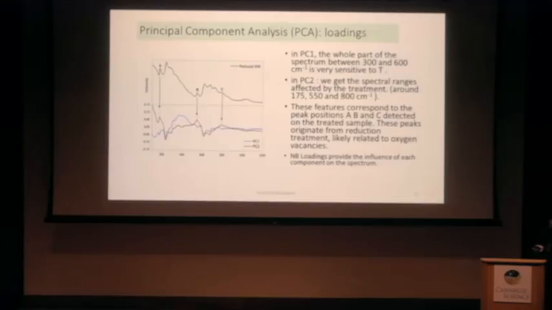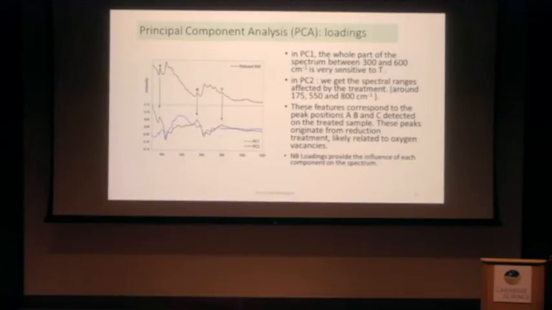Now, if you look at the loadings, we can see here on the upper part the experimental data at low temperature, and here the loadings for PC1 and PC2. PC1, I remind you, is the effect of temperature, and you have the part of the spectrum which is particularly sensitive to temperature. And here you see it is due to the second order scattering.